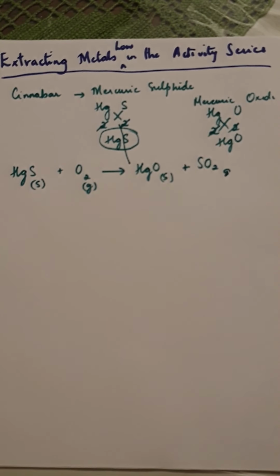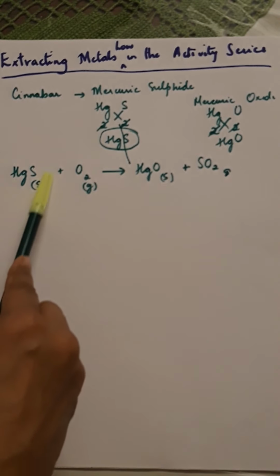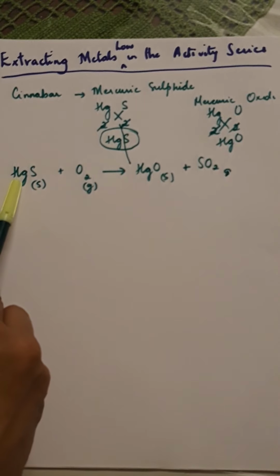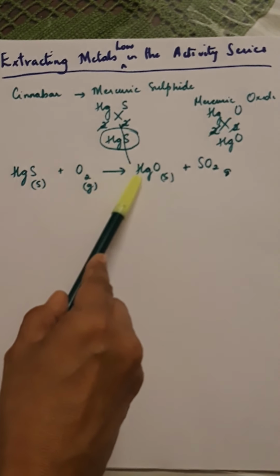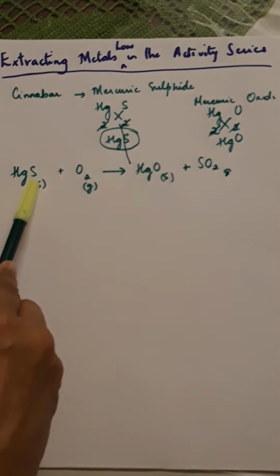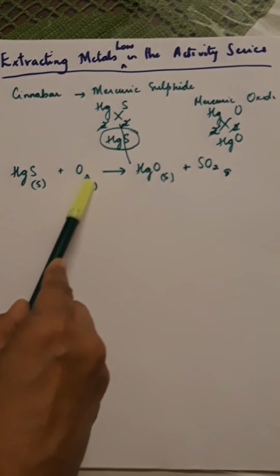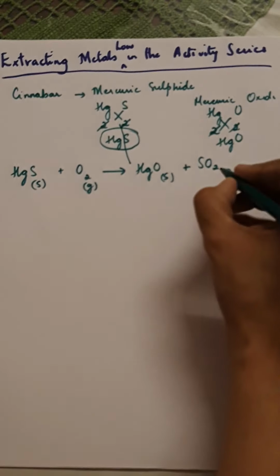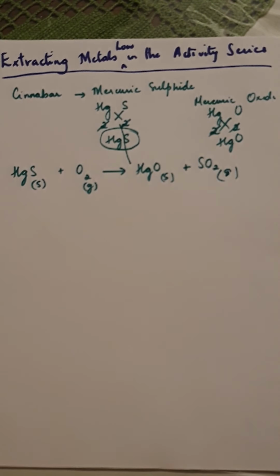Is that clear? So when heated in air, this mercuric sulphide is converted into mercuric oxide. The mercury will react with oxygen, and the sulfur will react with oxygen and form sulfur dioxide gas. Now we have to balance this equation.